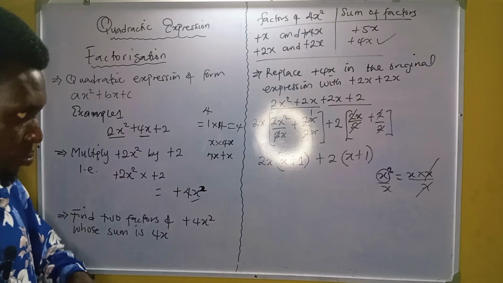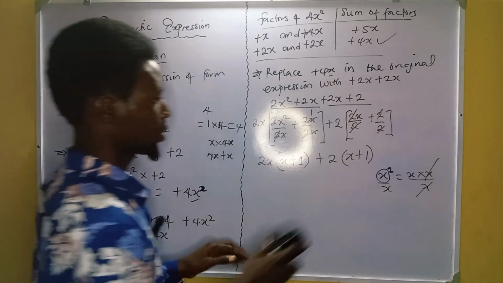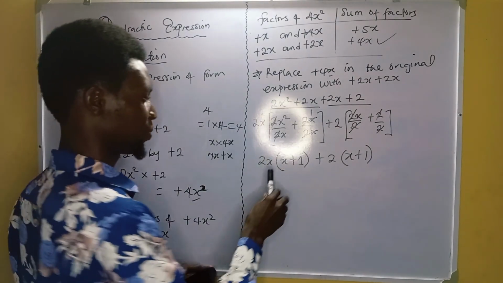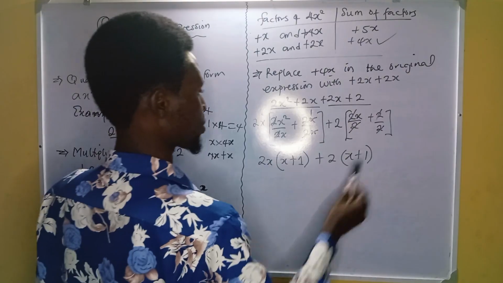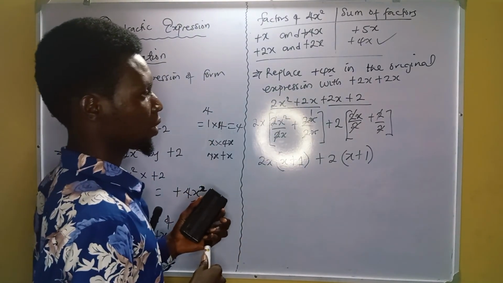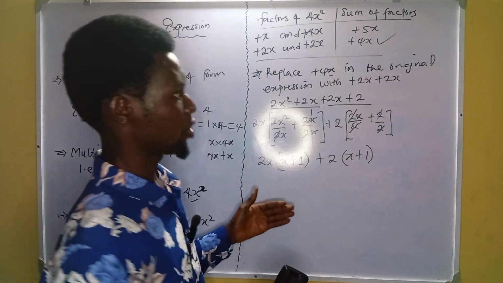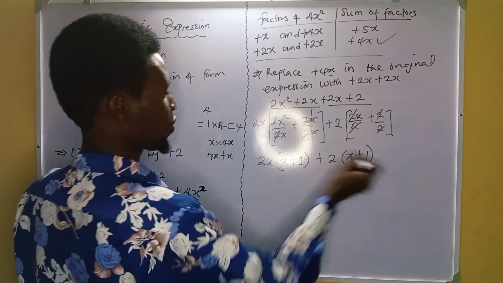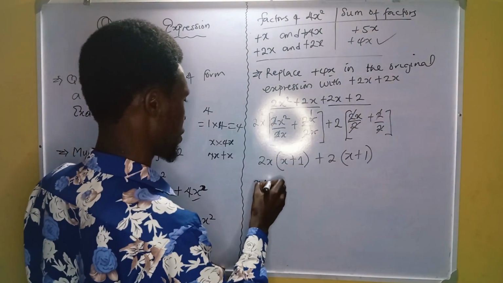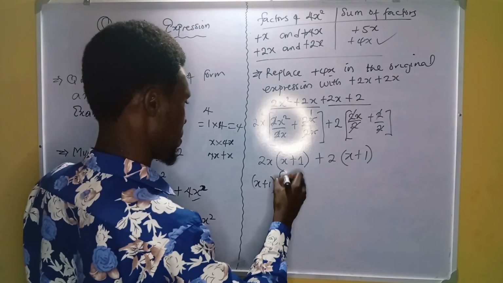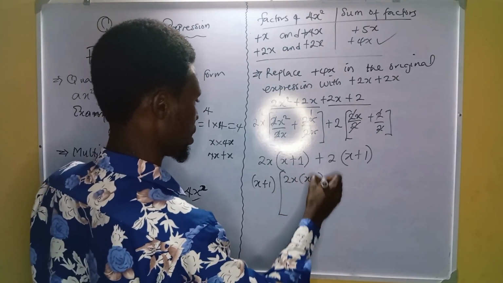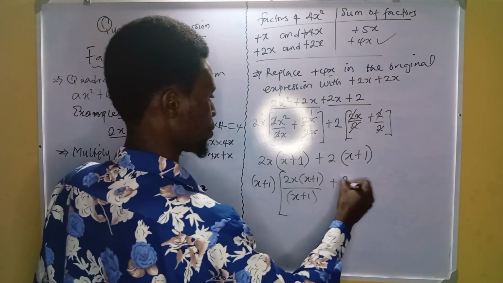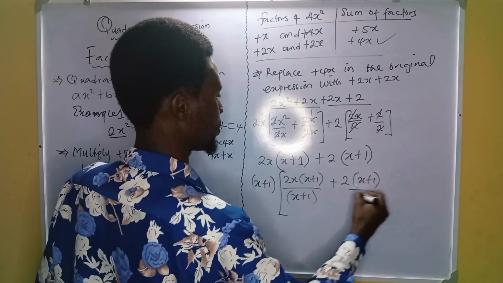Now, you also notice that over here, something is also common. And what is common? x plus 1 and x plus 1. Remember, if you are doing your factorization very well, the bracket will always be the same. So since the bracket is the same, we factor it out, so we bring it out. Remember our normal procedure, for us to know what will be left inside, we divide by whatever we have brought outside.